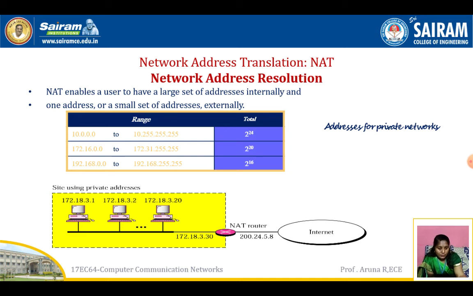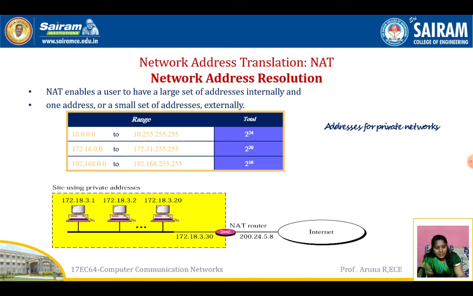That unique address is divided into many addresses inside the network. We call them local or private addresses. When it goes to the outside world, it is the original logical address. Inside the network, it is a private address. In the example, you can see some private network addresses that can only be used for addresses inside the network. So inside the network, you will have one address.